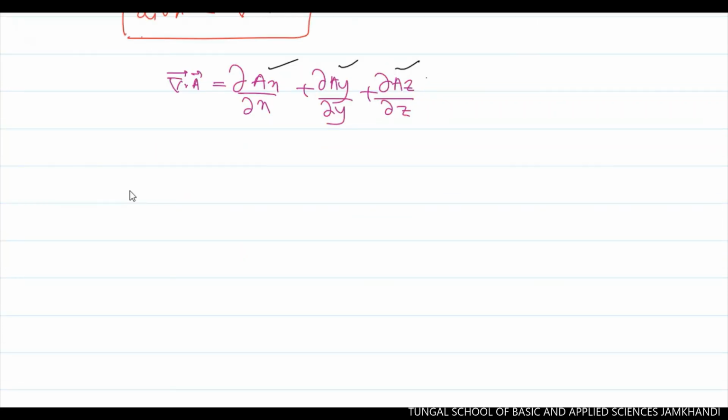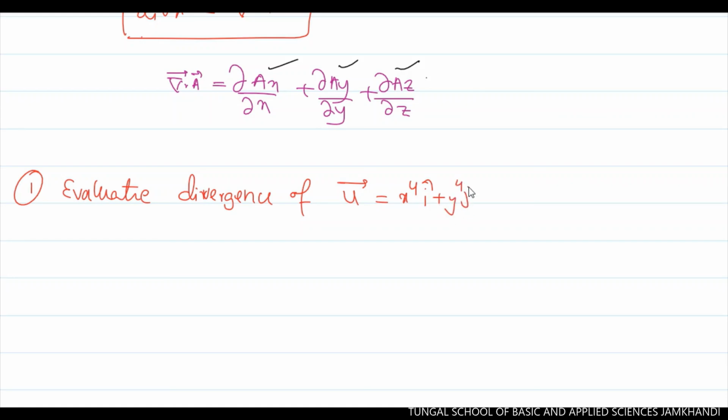And take some problems to submit on Google Classroom as an assignment. The first question is, evaluate the divergence of the function u, that is x power 4 i cap plus y power 4 j cap plus z power 4 k cap, right?